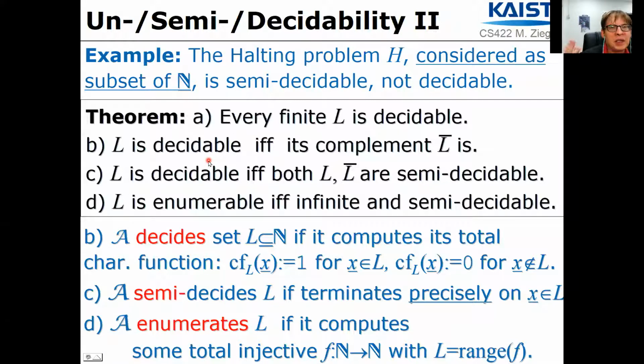We look at the existing algorithm, which we know to exist, since by hypothesis, this is decidable. That's all we know about the algorithm. And now we're going to modify that algorithm. Whenever that algorithm outputs yes or 1, then our new algorithm is going to output no or 0. And vice versa.